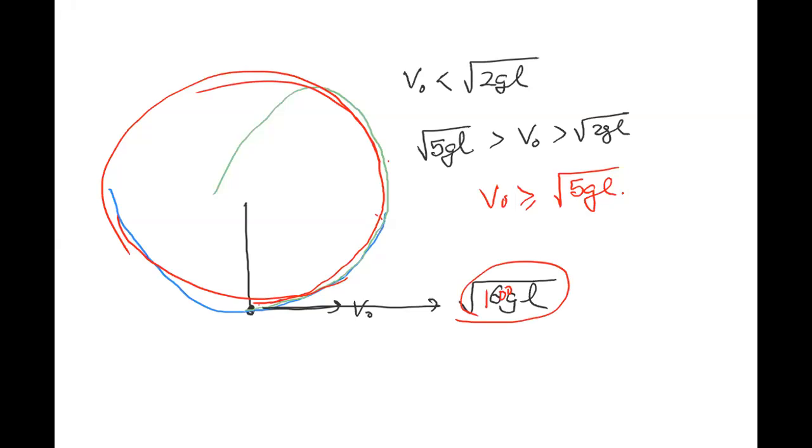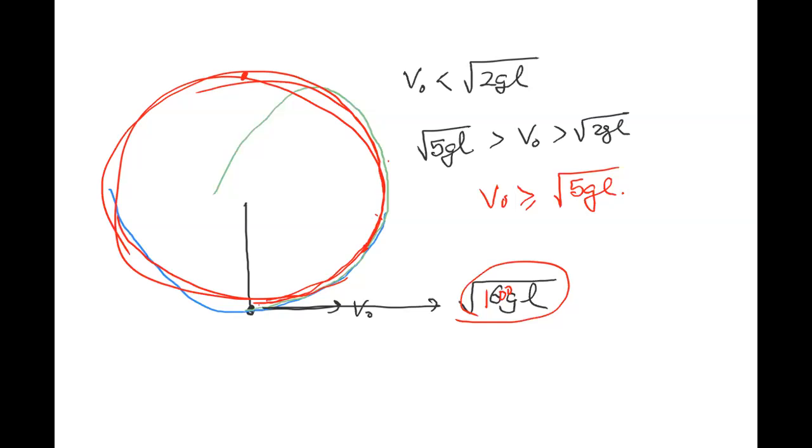Of course, if I want the string to break, the string breaks at so and so tension. So you can go to the topmost point, figure out the tension at the topmost point, and if it is exceeding the maximum value that I have given, then the string will break at the topmost point. Or in fact, it may break at any other point depending on that maximum value of tension.